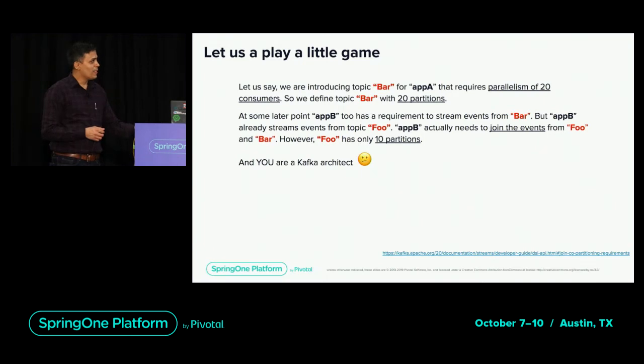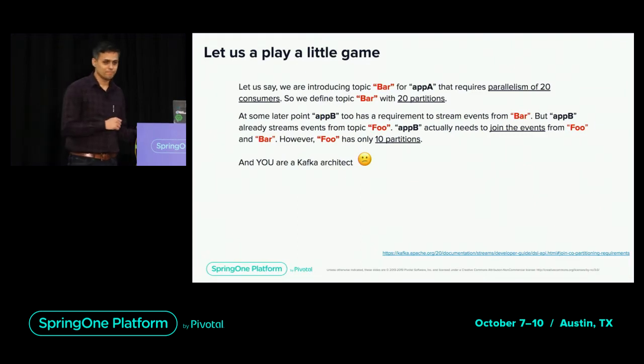However, foo only has 10 partitions. You're a Kafka architect. You promised a joined stream is possible. The requirement here is that whenever you want to join two or more streams, you have to ensure that the underlying topics they represent have exactly the same partitions and also the same key. Right? So life is difficult.